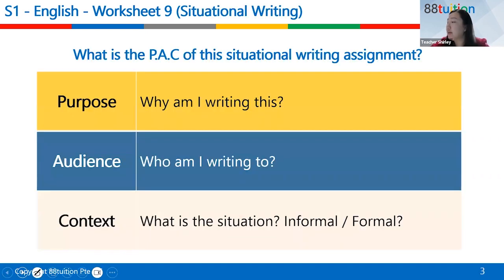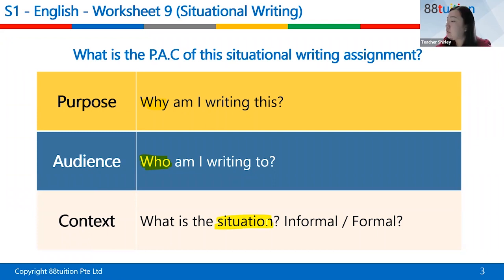Like I said, the objective of today's lesson is really to find out the purpose, audience, and context. What do we mean by purpose? Purpose is why you are writing it. Audience is who you are writing to. In terms of context, since it's situational writing, we are looking at what situation we are in right now.